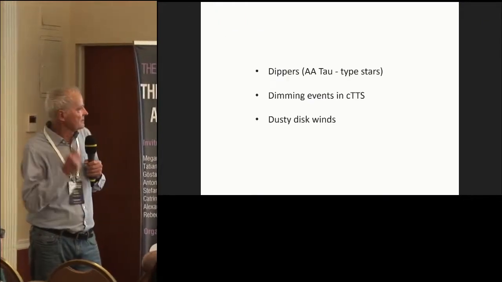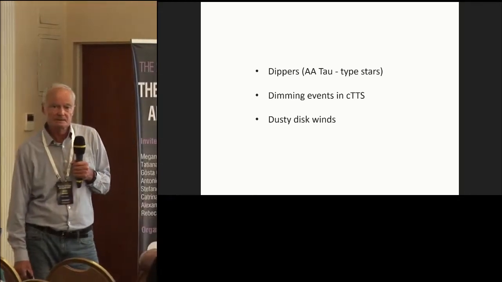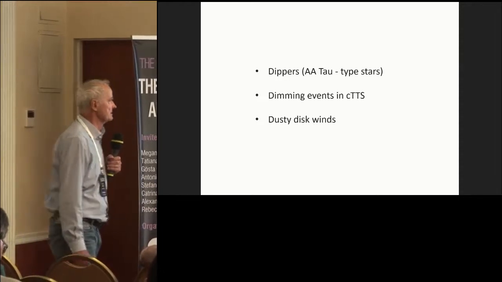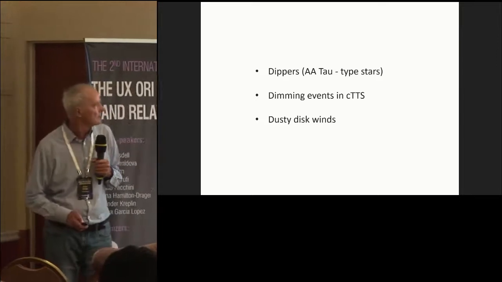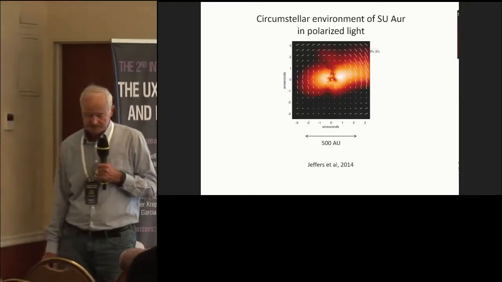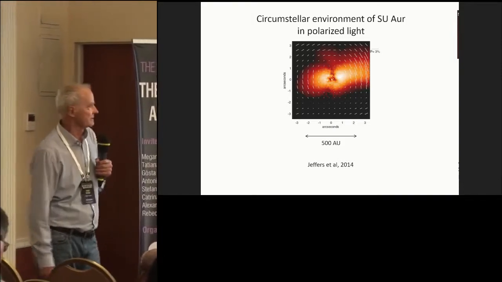I will review briefly these three topics related to the role of dust in the observed variability of T Tauri stars: dippers, dimming events, and the dusty disk winds. First of all, the presence of dust around T Tauri stars is well seen in polarized light.